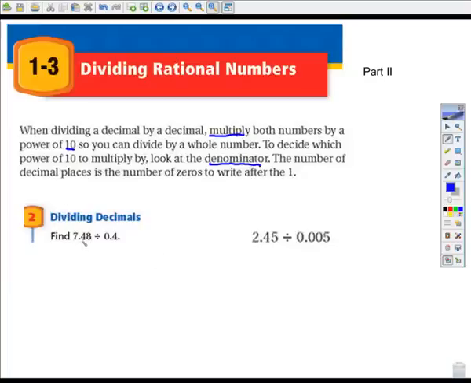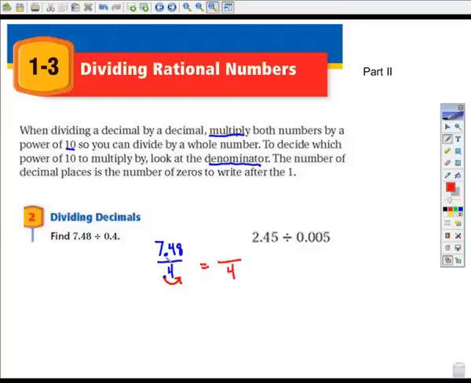So here we have 7 48/100 divided by 4/10. So if we change this so that we have a numerator and a denominator, our denominator is in tenths. So we want to go ahead and slide the decimal over 1 to make it a 4.